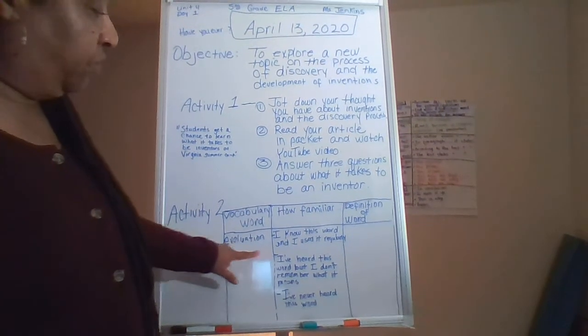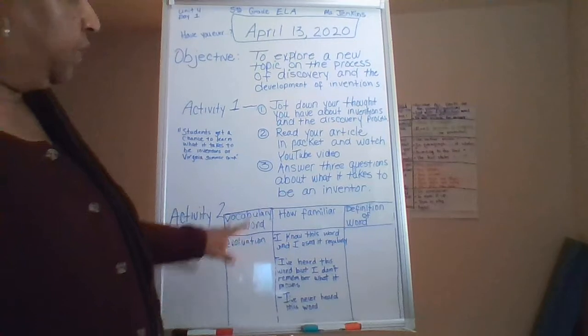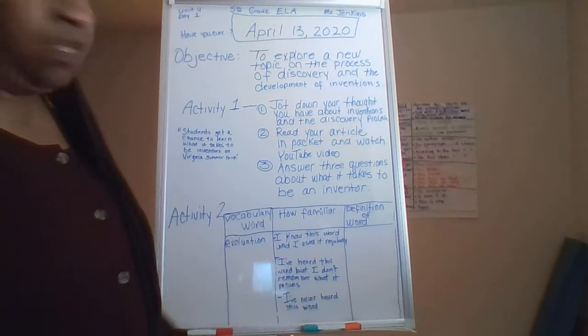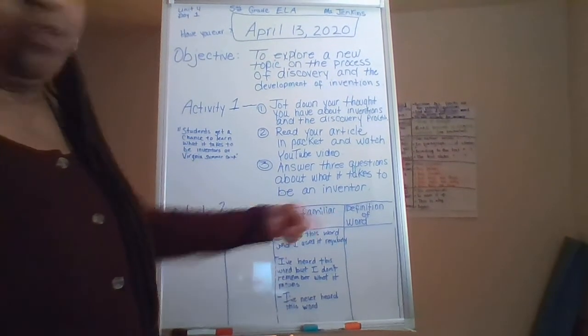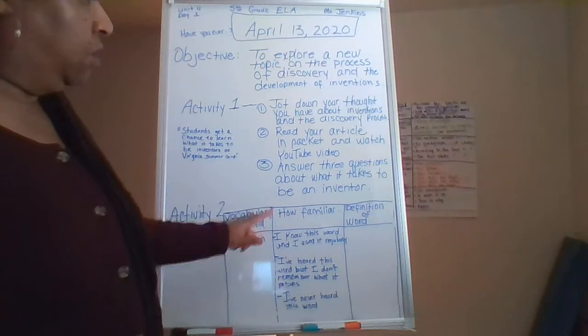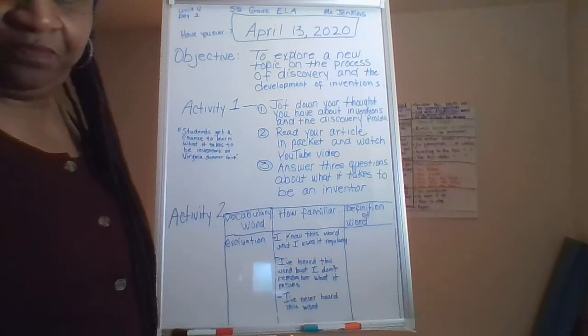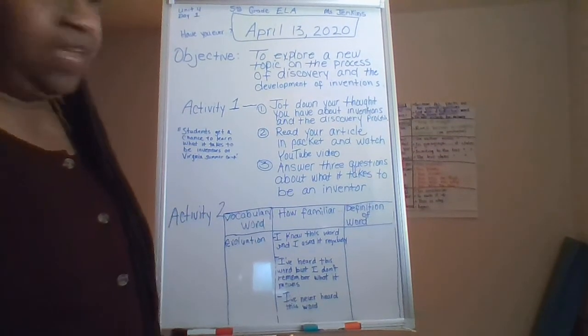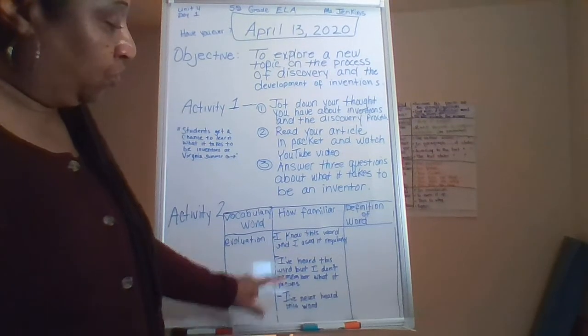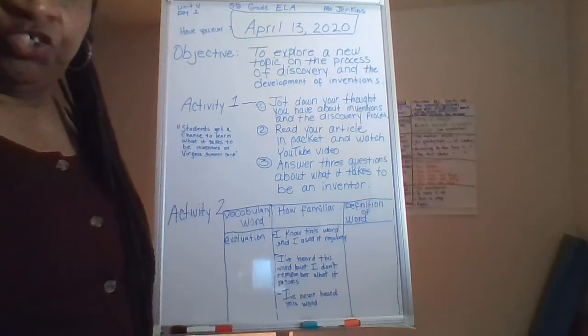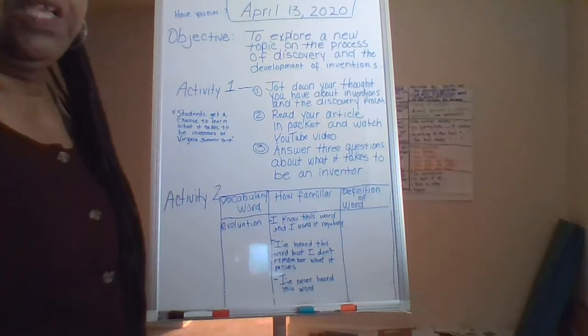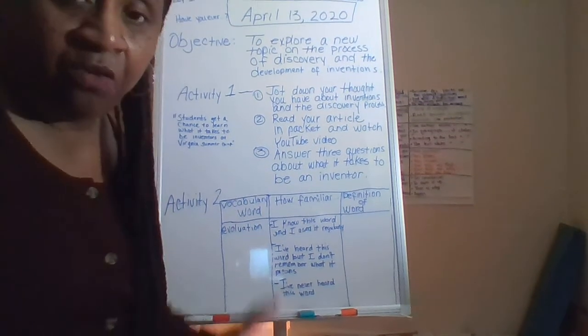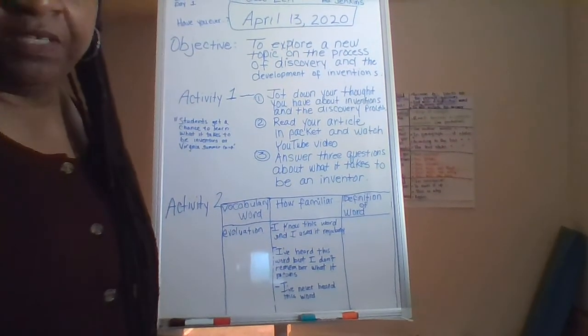In the second column, you'll have how familiar are you with this word. Okay? And then it gives you three options to choose from, telling me how familiar you are with a particular word.